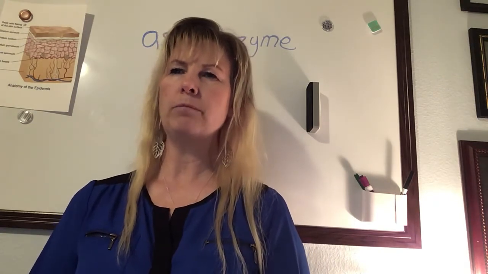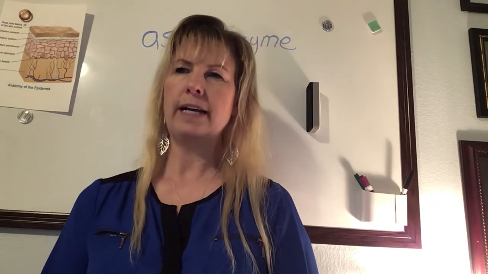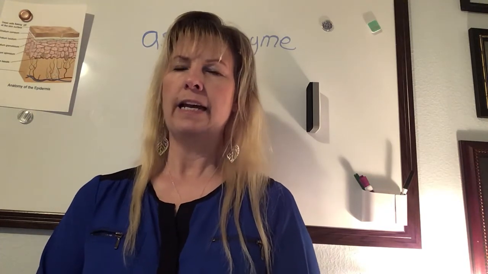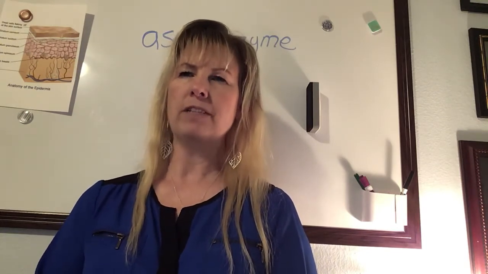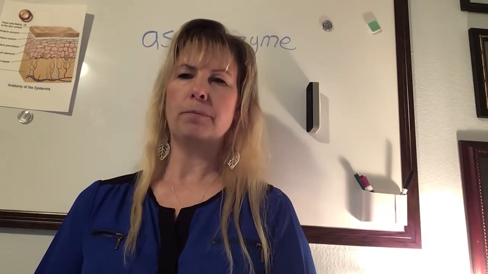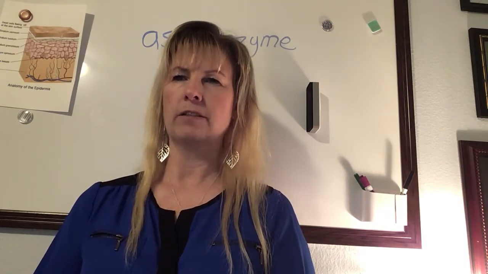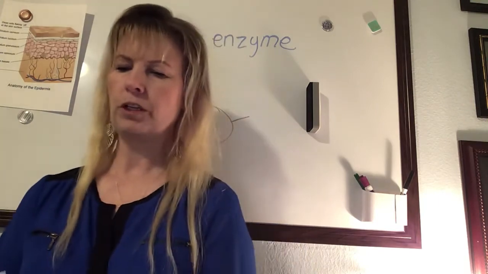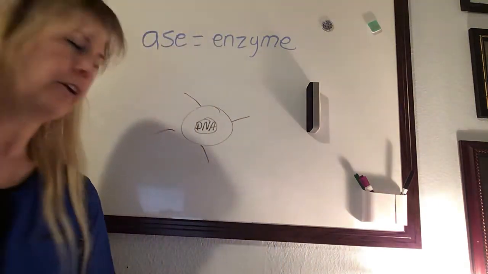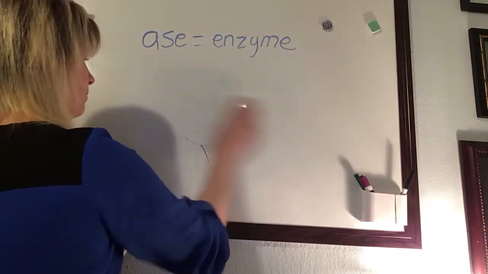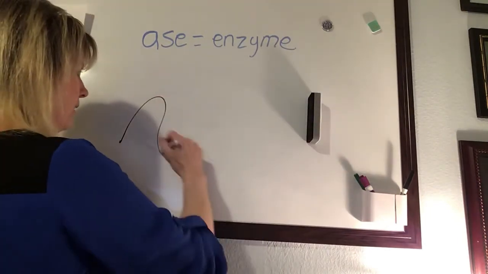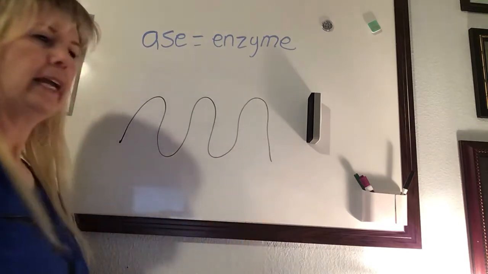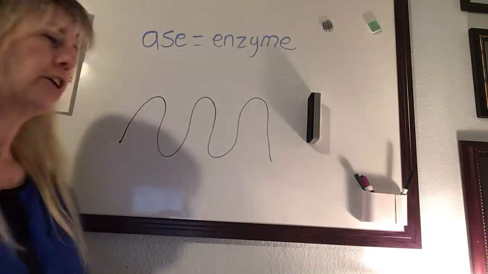The stratum germinativum also has those melanocytes, and those are the cells, remember, that produce the pigment granules in the basal layer. About 5 to 10% of your basal cells are melanocytes. When you look at that layer, it's kind of like this, a wavy layer.